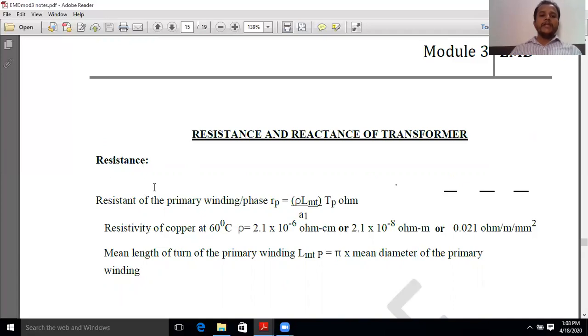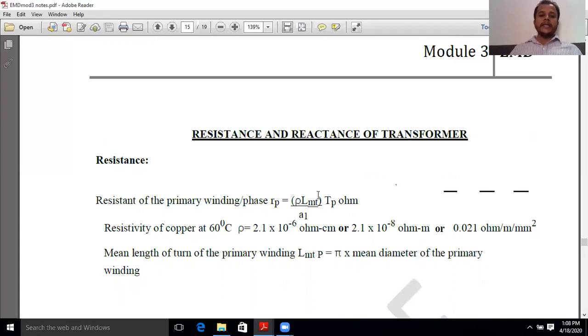Normally, in a single phase core type transformer, there is a primary winding and a secondary winding. The resistances present in the primary and secondary windings are denoted by Rp, the resistance in the primary, and Rs, the resistance in the secondary.